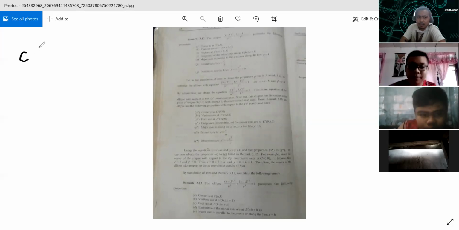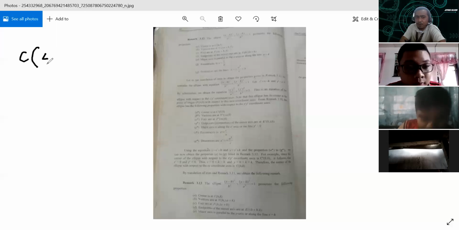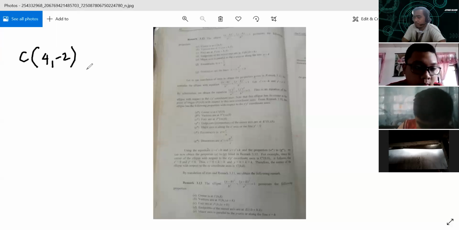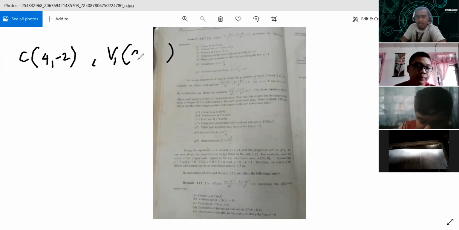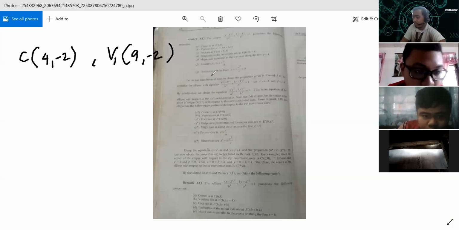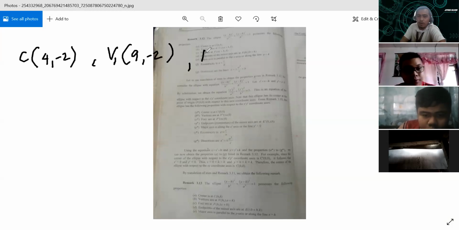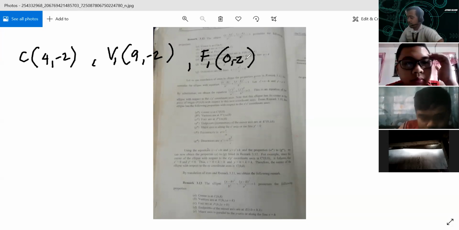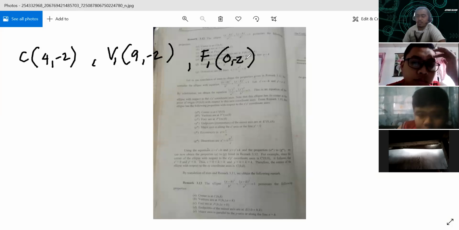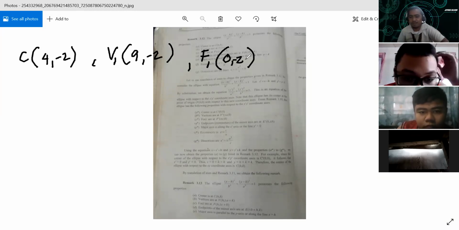First property, iyang center is at 4, -2. Another, one of the vertices, vertex 1, is at 9, -2. Another, one of the foci, focus number 1, is given by 0, -2. And then you are asked to find the equation of your ellipse by just having that.